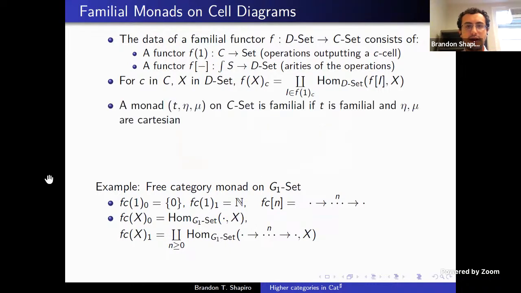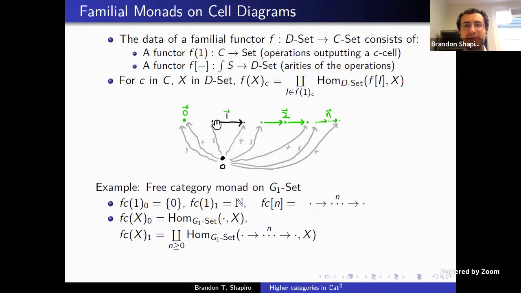And we get that a familial monad is one whose functor part is a familial functor, and where the unit and multiplication transformations are Cartesian. So in the interest of time, I won't get too far into what that means, but essentially it means that you have an operation whose arity is the representable graph.